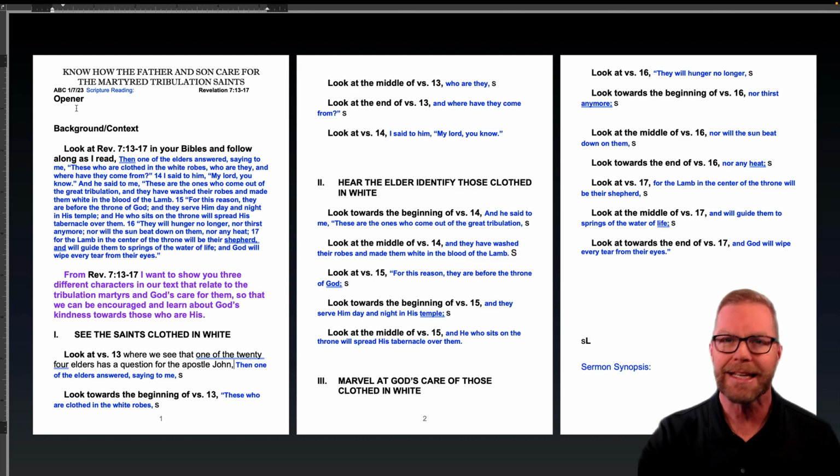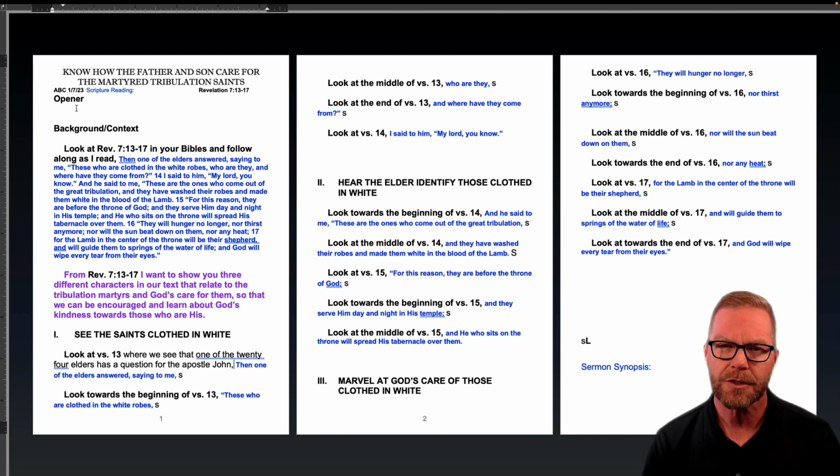And then he lists the 12 tribes that 12,000 each come from. We also talked about the whole mystery of why the tribe of Dan is left out and why the tribe of Levi is included, which is almost always left out of the other lists in the Bible, and why Joseph is included and not Ephraim. So if you want to learn about that, you can listen to last week's sermon.